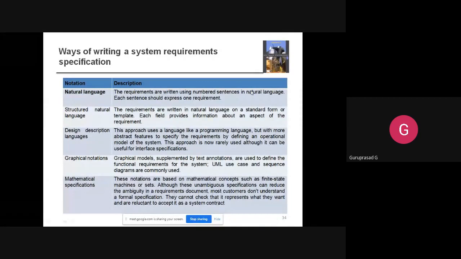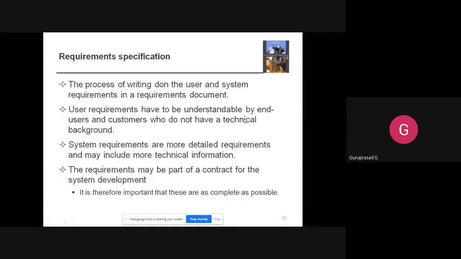Okay, you see here, what we are discussing is that we started discussing requirements. Then the two types of requirements, user requirements and system requirements. Then we discussed the classification of the requirements, namely product requirements, organizational requirements, and external requirements.